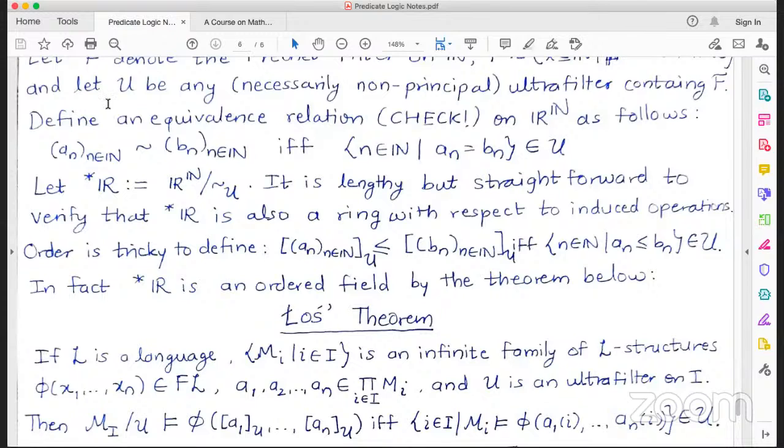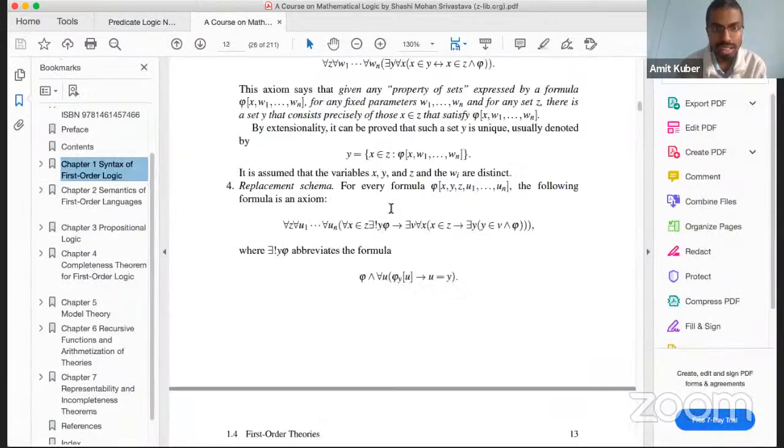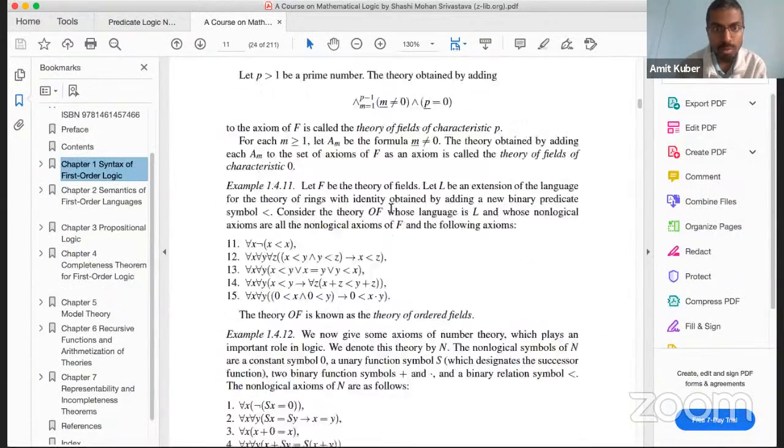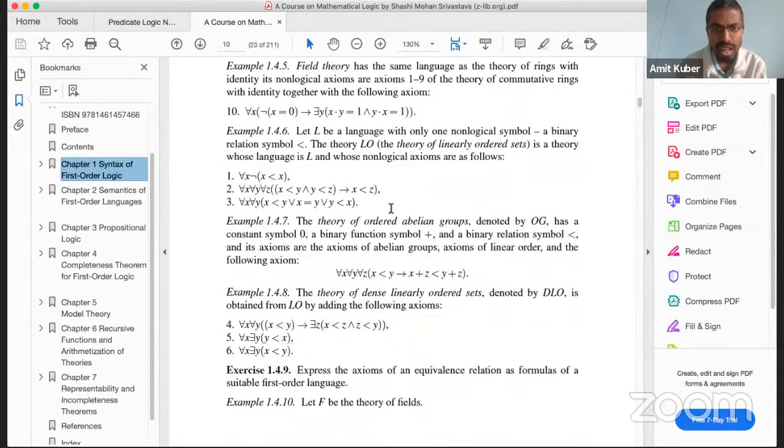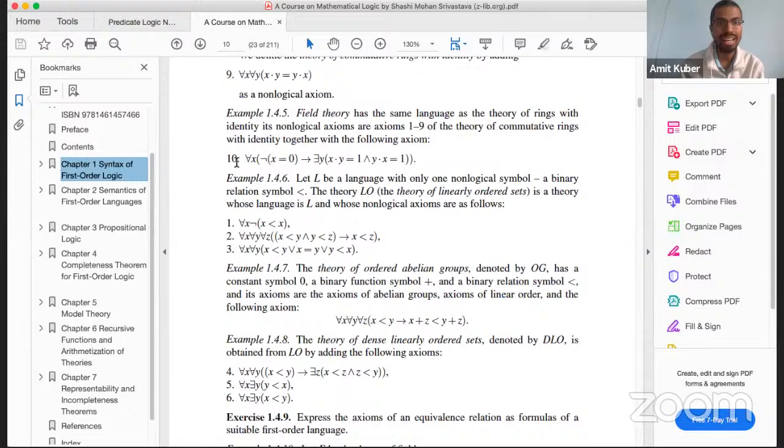Okay. Any questions about what I said? These things are hard to understand in the first go, but please read them carefully. Nikesh? Sir, you said that while combining the hyperreals, the real number becomes a field. How does it become a field? Because there is a formula which states that there exists a y, so whenever x is non-zero. Let me show it from the book. Please look at this formula 10.